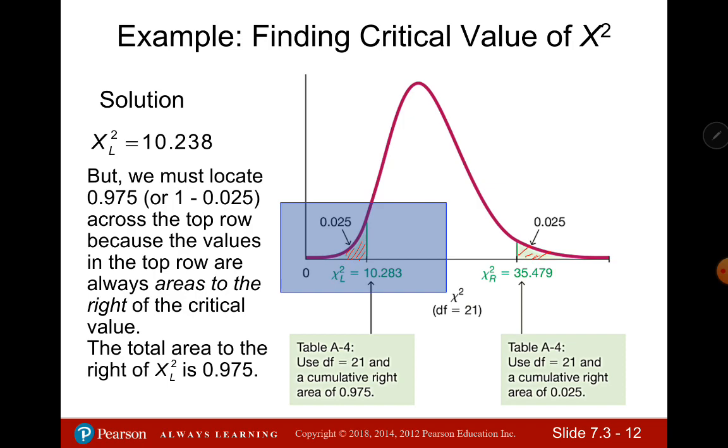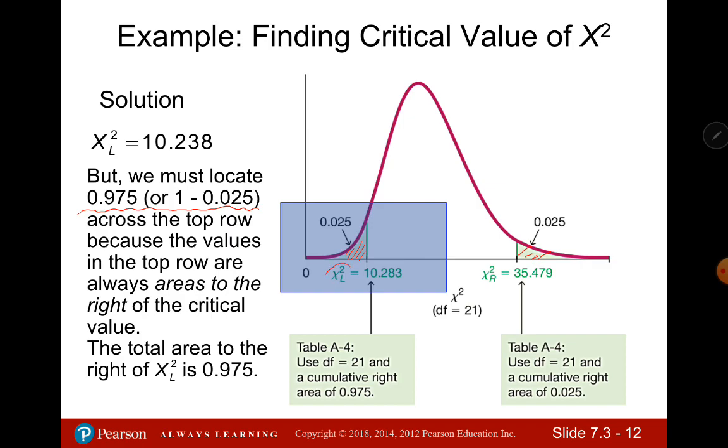But remember, we can only find the area cumulative to the right in the chi-square table. So if the area to the left of this critical value is 0.025, we need to get the area cumulative to the right side. That's why we need to use 1 minus half alpha this time.